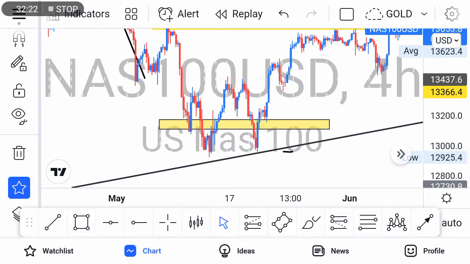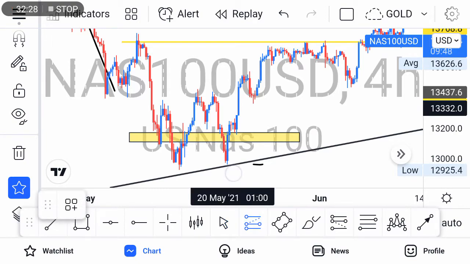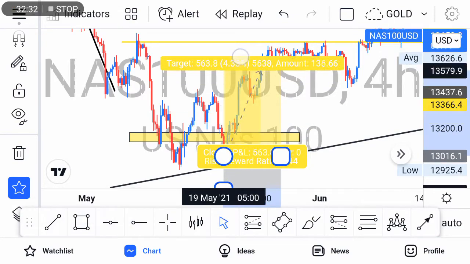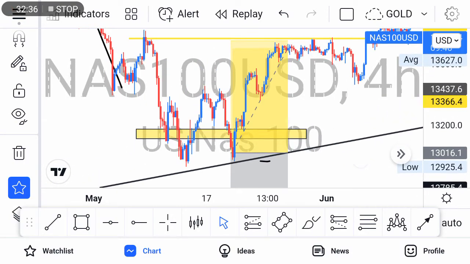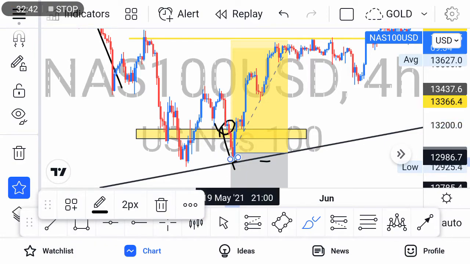Because we don't want to miss out, we can say, if it stops us out, we'll wait for another entry when it touches the trend line. So this is us putting the possibility to say, okay, if it stops us out here, we'll wait for it to go touch the trend line and we'll take it.